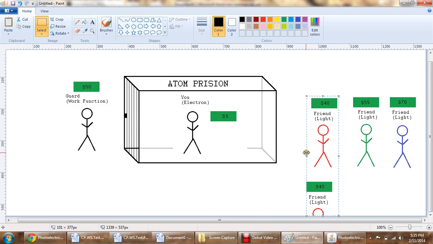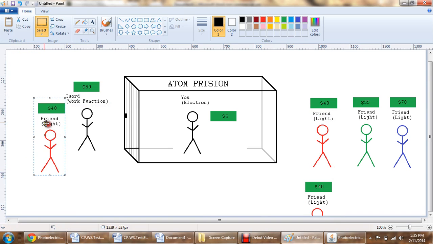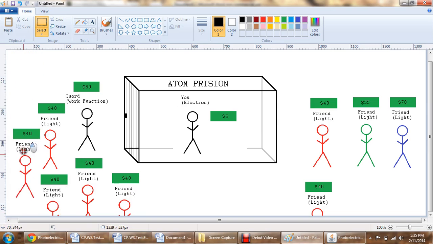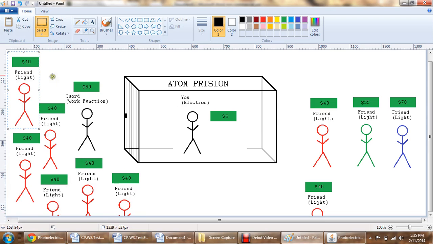So even if you had a whole bunch of friends of red light, 40, 40, 40, 40, 40, only one can interact with the guard at one time. Therefore, unfortunately, since only one can interact and the guard wants 50, there's not enough energy. Too bad.